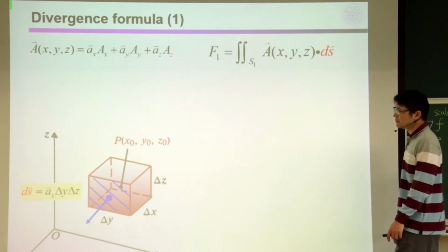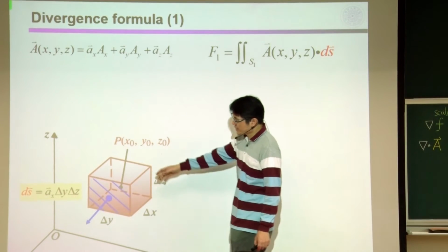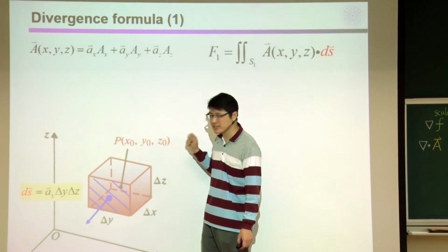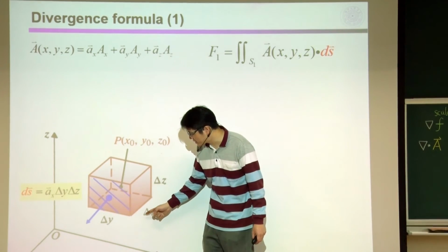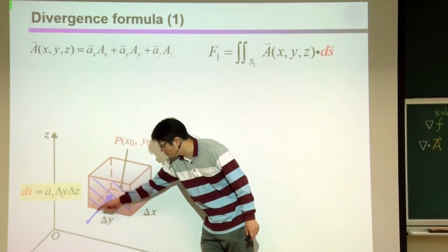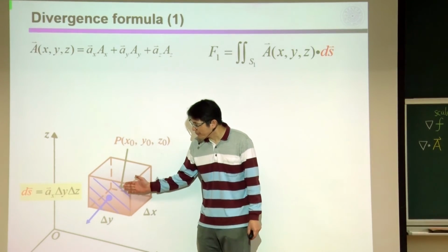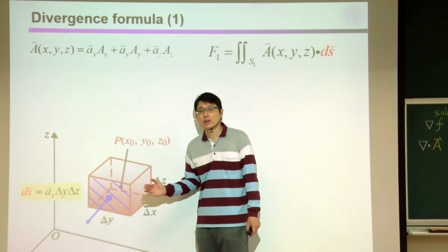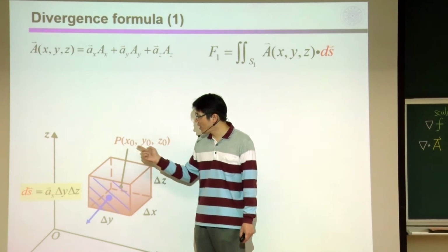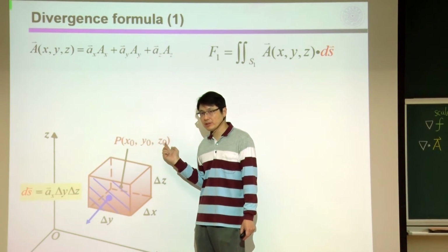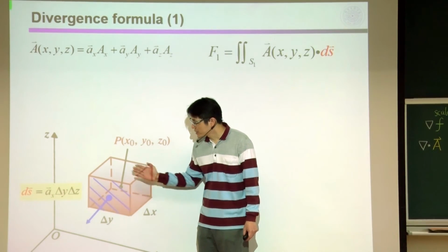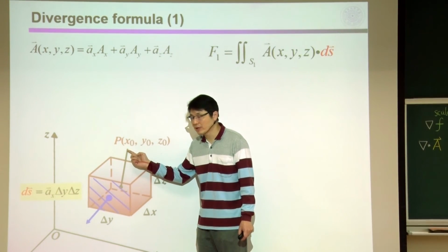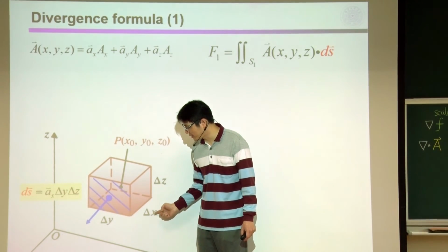Right? But then you have a question. Because this cube is centered at x0, y0, z0, and its dimensions are delta x, delta y, and delta z, apparently this front surface has a coordinate value other than x0, y0, and z0. So the surface sits at the x value of x0 plus delta x divided by 2.